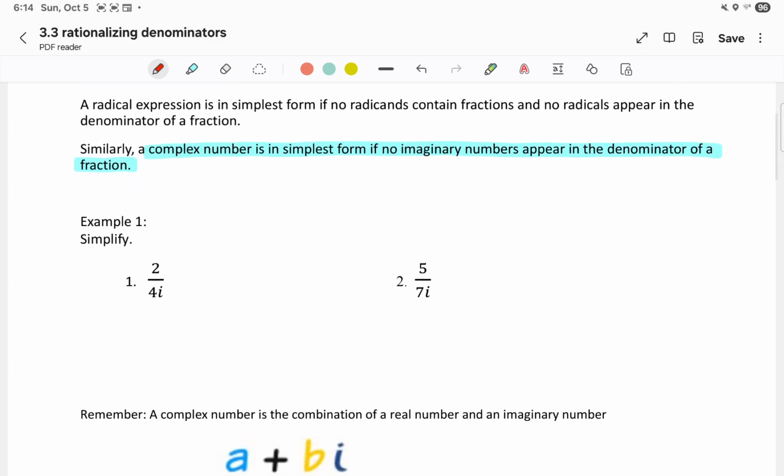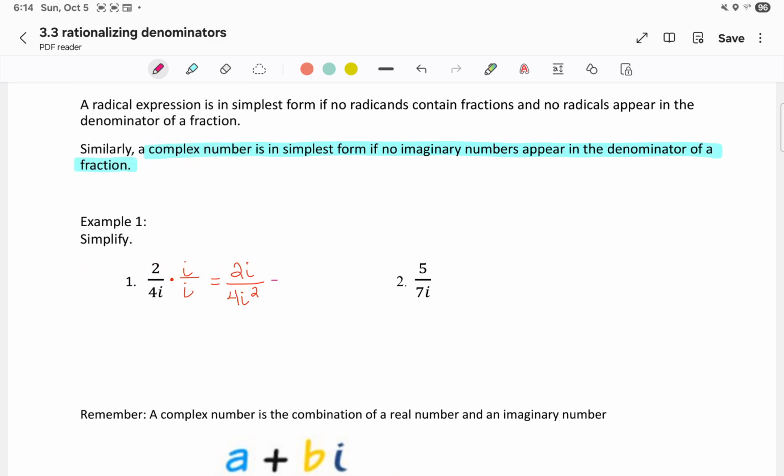the denominator. So when your denominator is a monomial, that is really simple because you just have to multiply by i over i. So when you do that here on number 1, you end up with 2i over 4i squared.